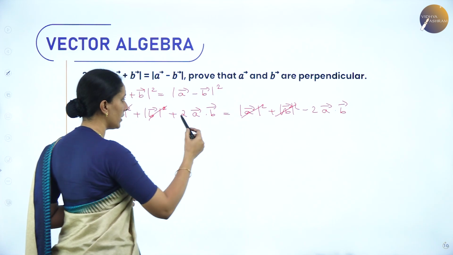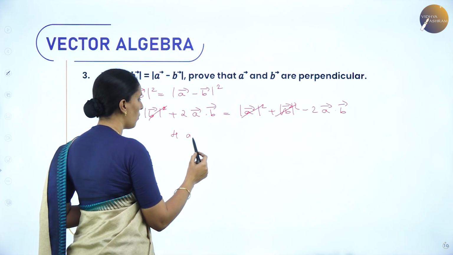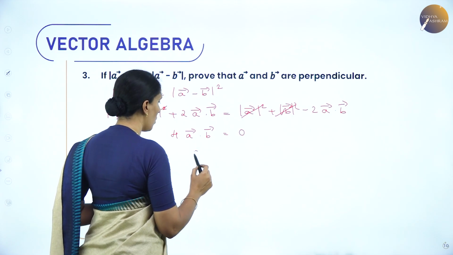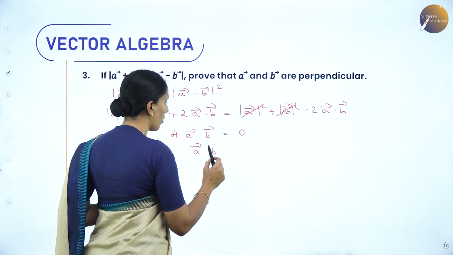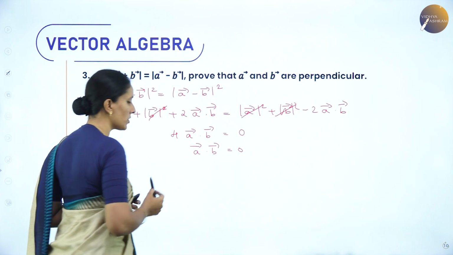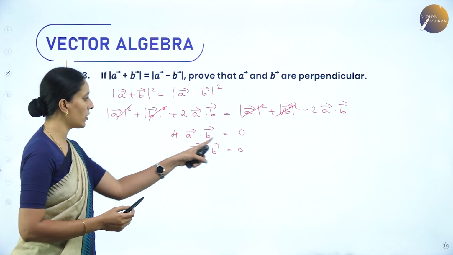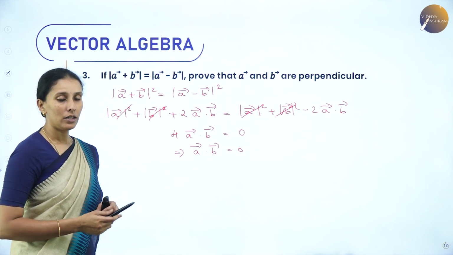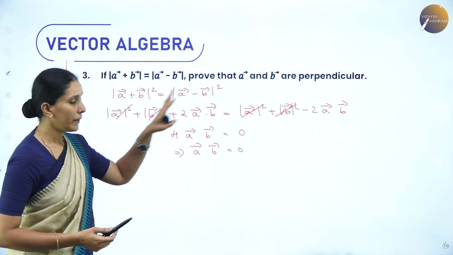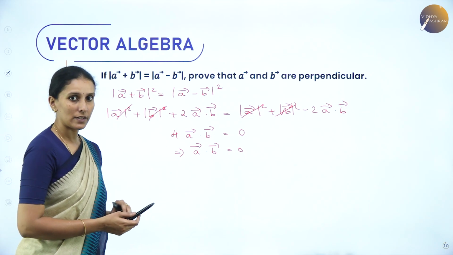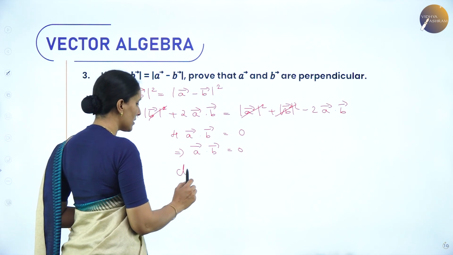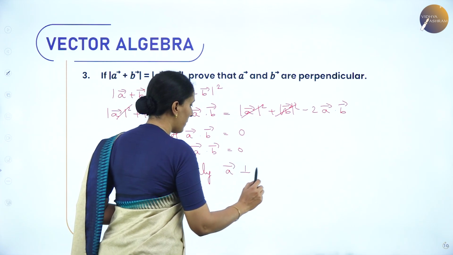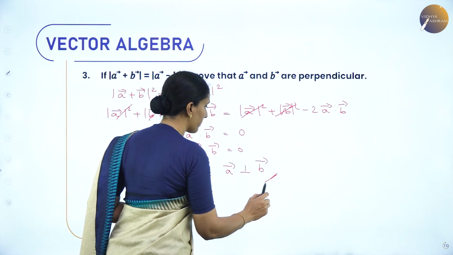So if we shift, then 4A dot B is equal to 0, or clearly A dot B is equal to 0 because 4 is not equal to 0. Obviously, A dot B should be equal to 0. Now, two vectors are perpendicular when the dot product is 0. So clearly, we can say vector A is perpendicular to vector B.